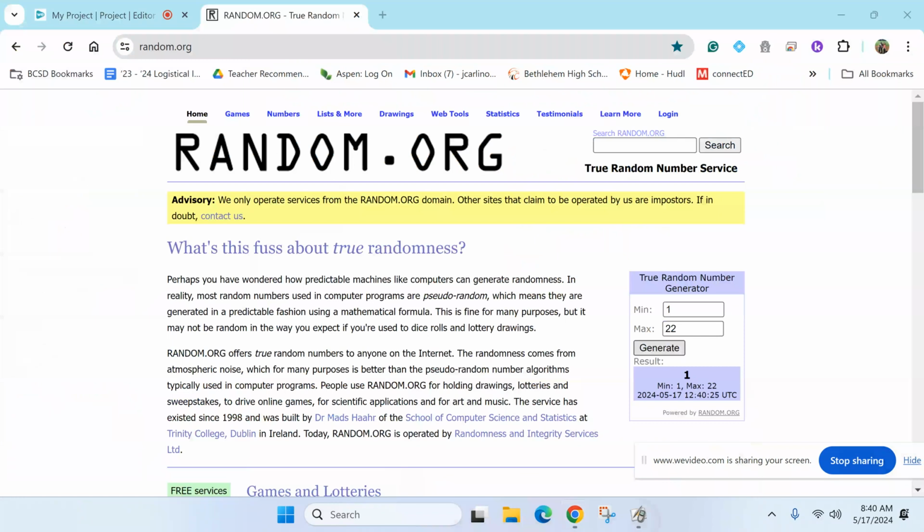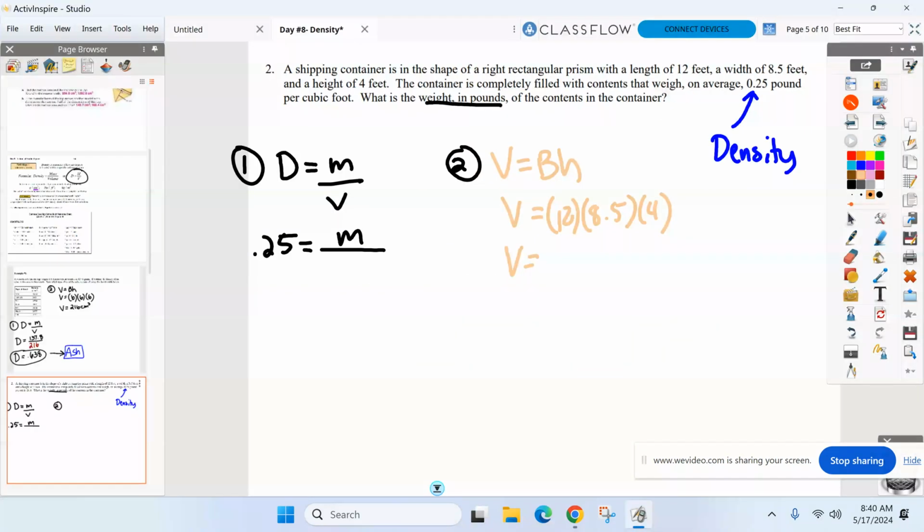Zoli, what's the volume when you have it? 12 times 8.5 times 4? Volume equals 408. 408, yep.